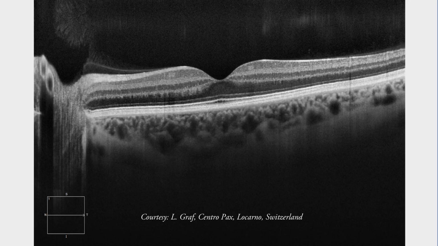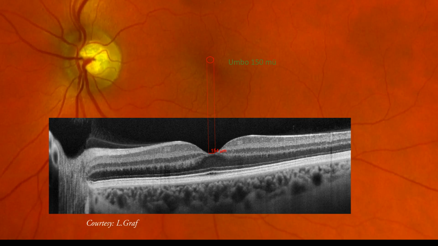We move now to the material that we have personally collected with our Cirrus device. This is the retina of our young optometrist. We now superimpose the macular anatomy of the fundus with the OCT image.